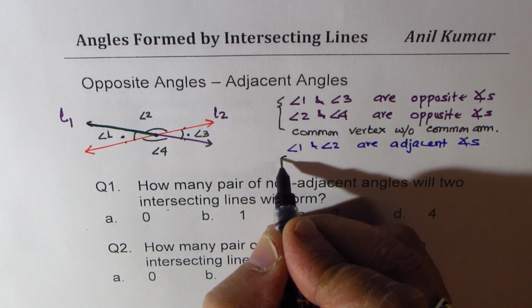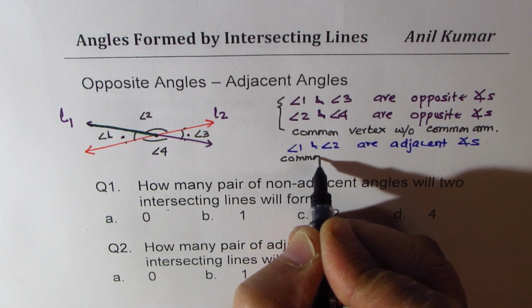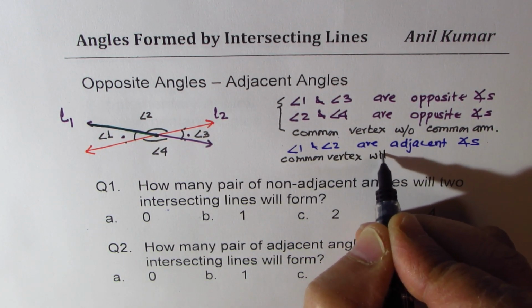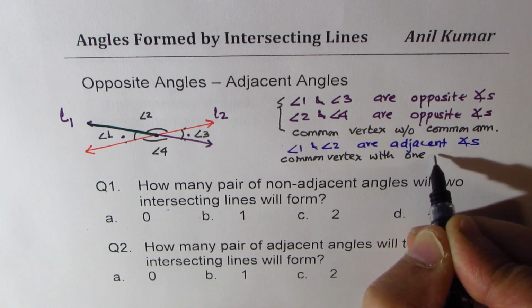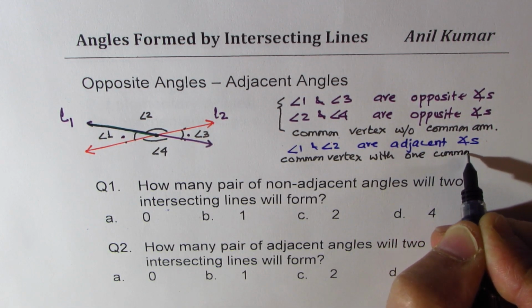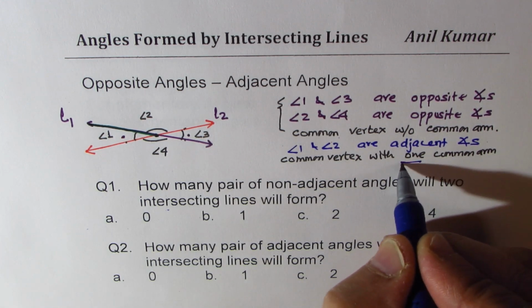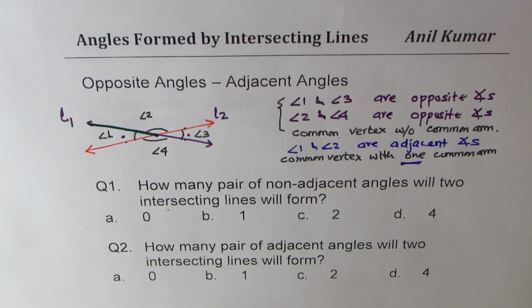So they have a common vertex with one common arm. So in adjacent angles, we have one common arm. In opposite angles, without any common arm. So that is the difference between opposite angles and adjacent angles when we are talking about two lines intersecting. So I hope this concept is clear to you.